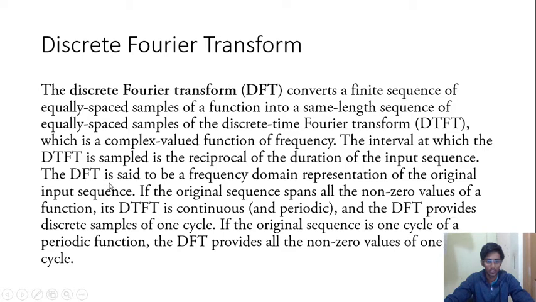The DFT is said to be a frequency domain representation of the original input sequence. If the original sequence spans all the non-zero values of a function, its DTFT is continuous and periodic, and the DFT provides discrete samples of one cycle. If the original sequence is one cycle of a periodic function, then the DFT provides all the non-zero values of one DTFT cycle. So this is exactly how the DFT works.